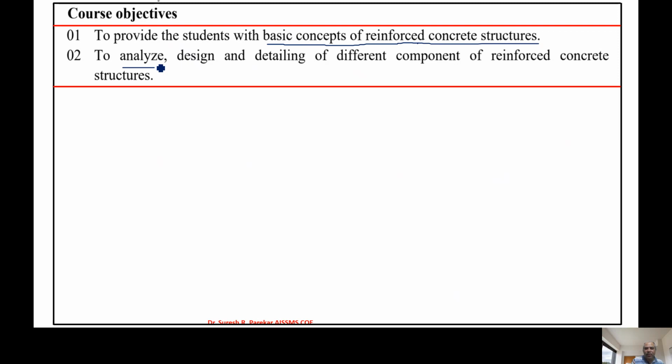Analyze means we have to find forces. Design means we have to find the cross section, and detailing means we have to show or draw the design requirement at the site. That we call detailing of different reinforced concrete structures.